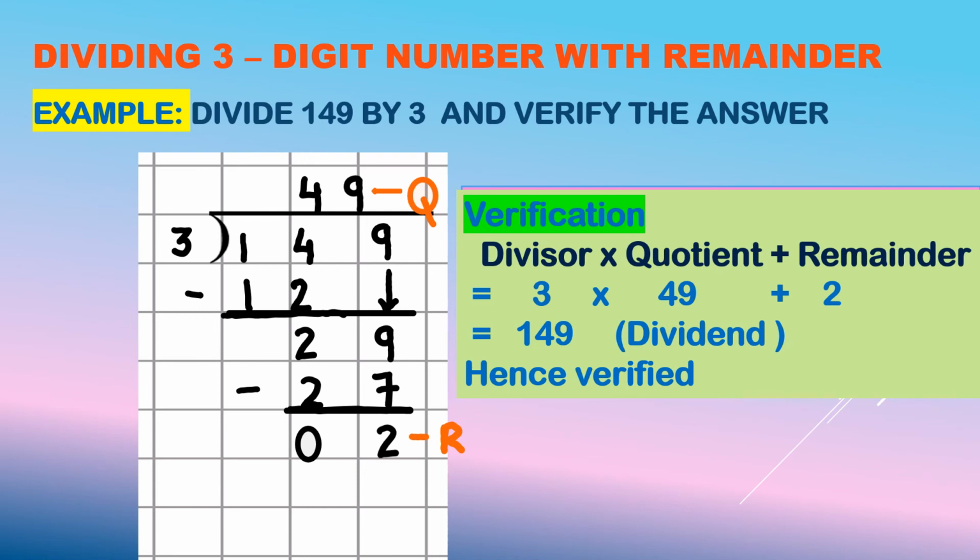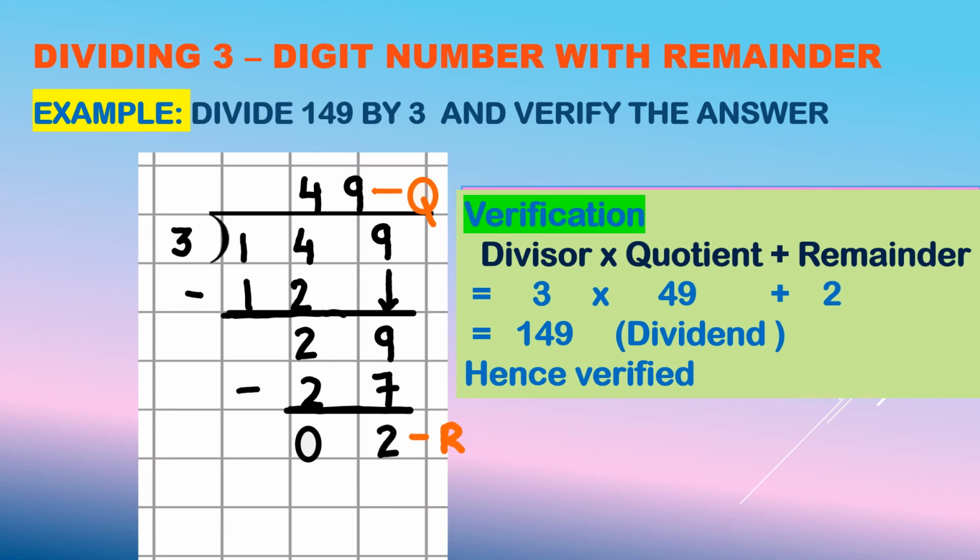We regroup and consider 100s and 4 tens, which is equal to 14 tens. Now divide 14 tens by 3. You will get 4 tens and remainder 2. Write 4 in the tens place in the quotient.